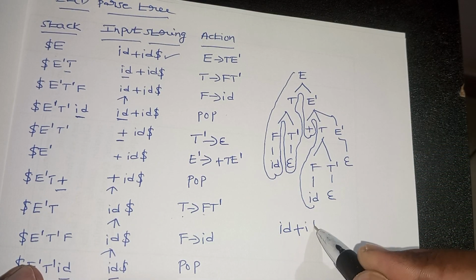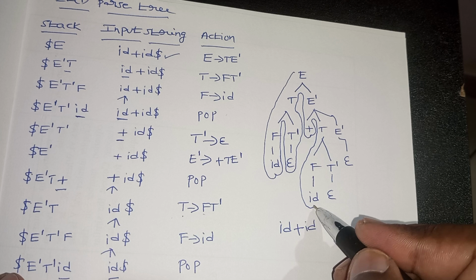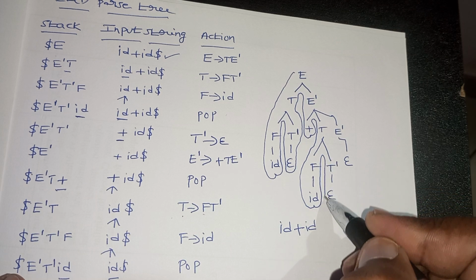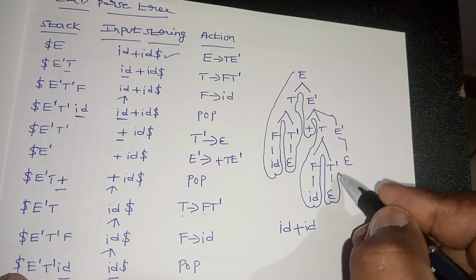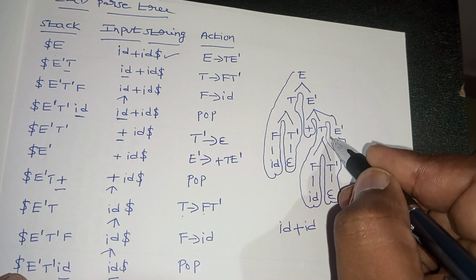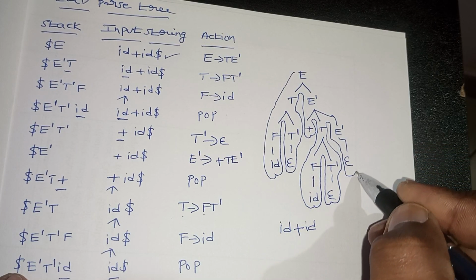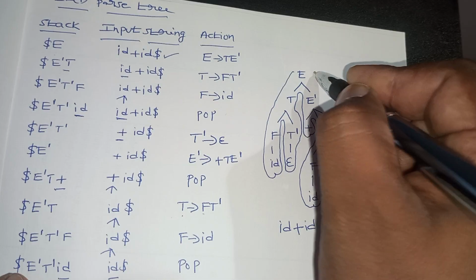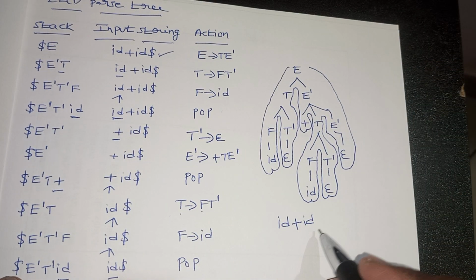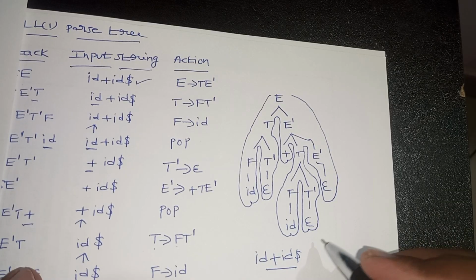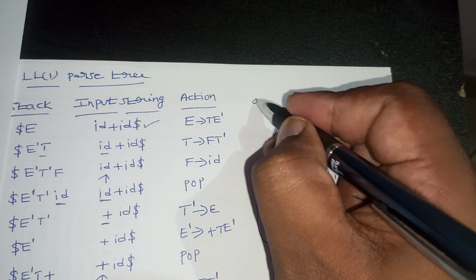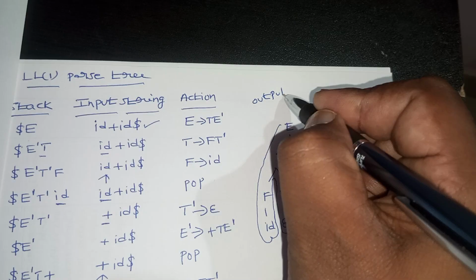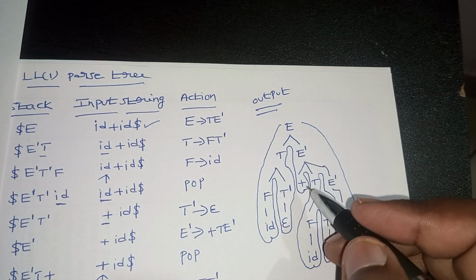Id. Go to the root node. Okay, id plus id dollar you write, no problem. So this is our output. This is the parse tree.